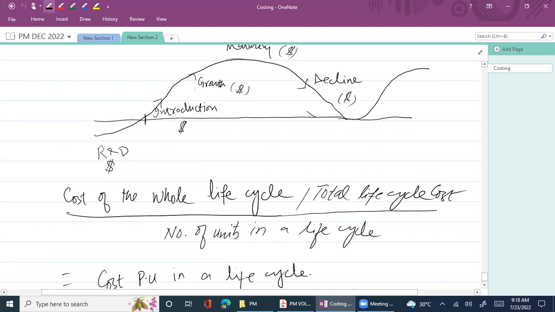If we look at this diagram, initially the sales are low, then they are rising, and similarly the profit follows the same pattern: at initial stages profit is low, then a bit higher, then at maturity it is the highest, and after maturity there is a decline. The space between this umbrella is getting down.